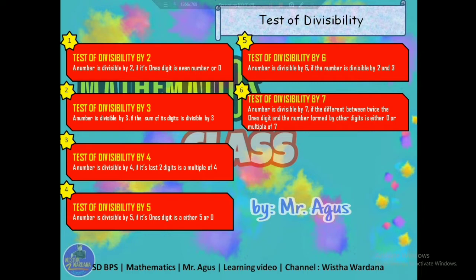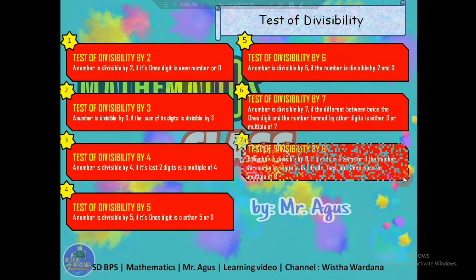Test of divisibility by 7. A number is divisible by 7 if the difference between twice the ones digit and the number formed by the other digits is either 0 or a multiple of 7. Test of divisibility by 8.